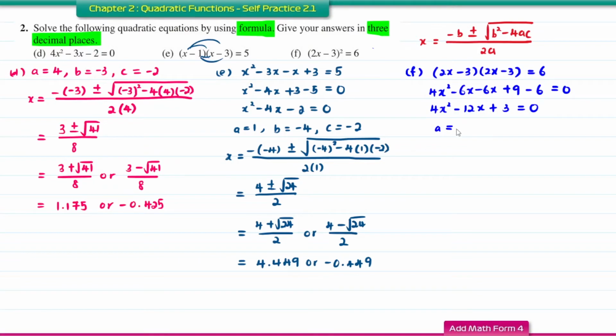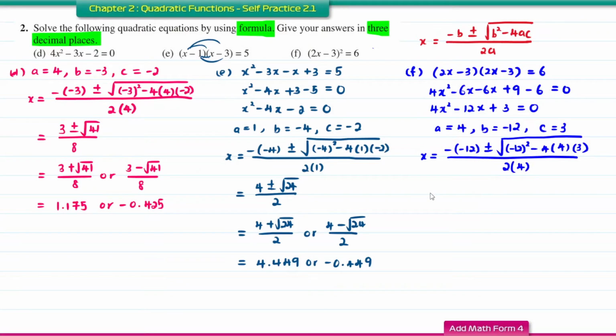So A is equal to 4, B is equal to negative 12, and C is equal to positive 3. So substitute this into the formula. So negative B, bracket negative 12, plus minus square root of B squared, negative 12 squared, minus 4, the A is 4, C is 3, over 2A.